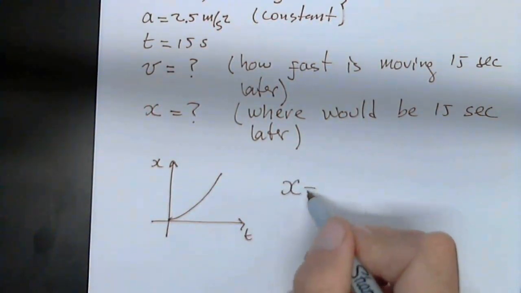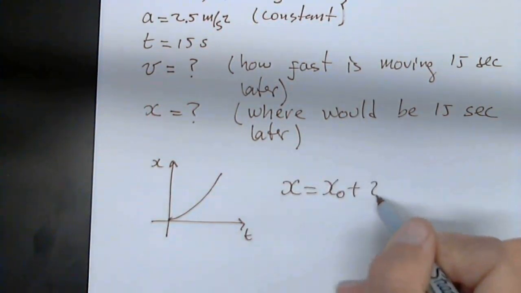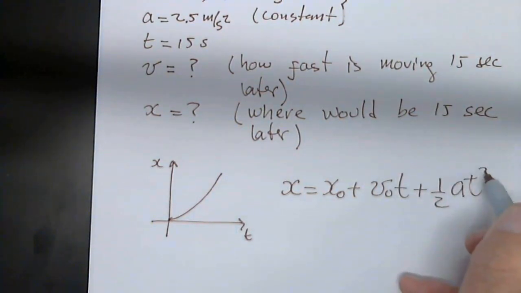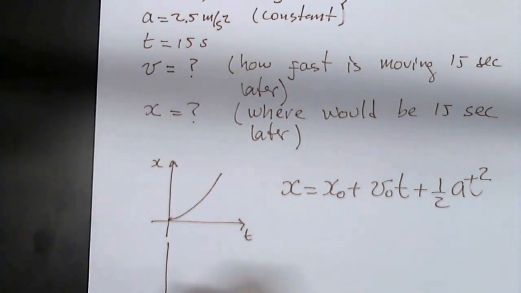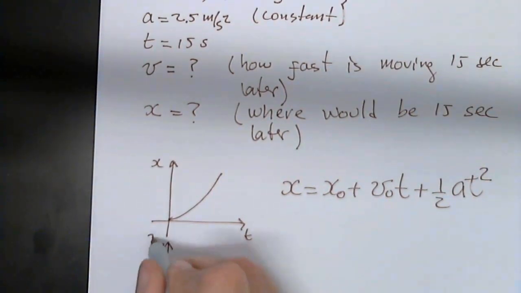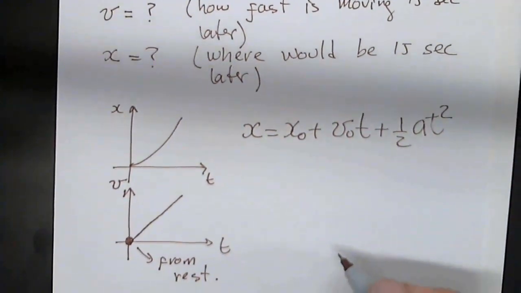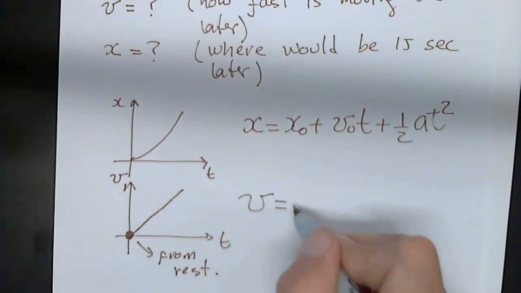And the equation is this. And the velocity versus time is a linear function starting from 0. So this 0 over here means from rest. And this is the equation for the velocity.